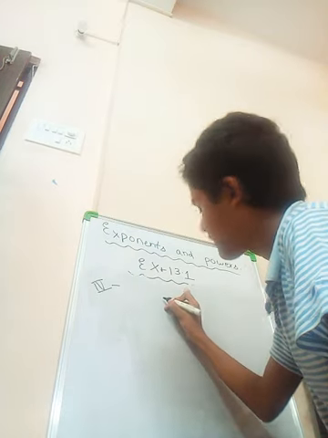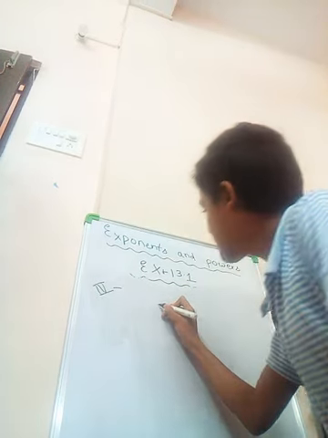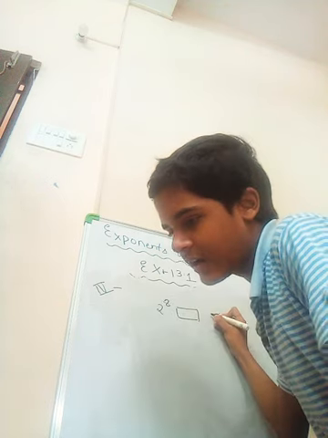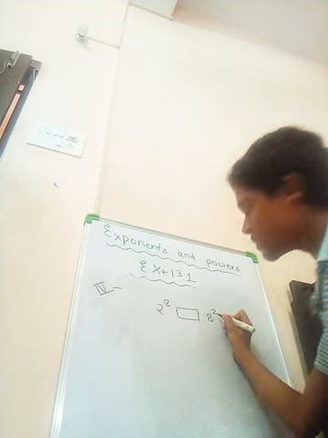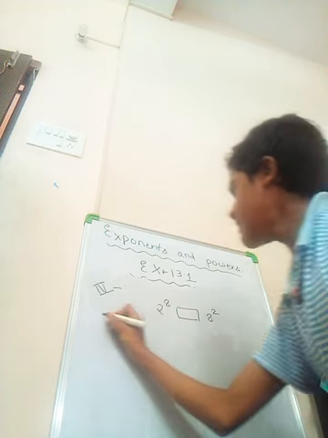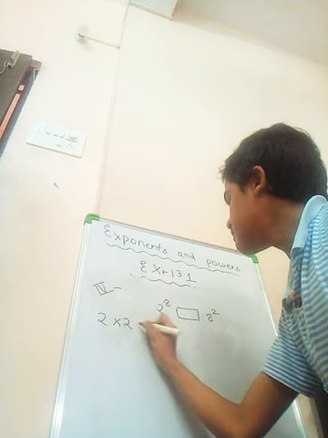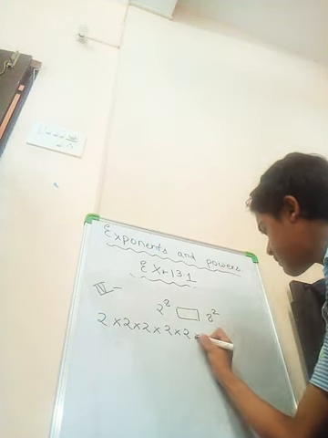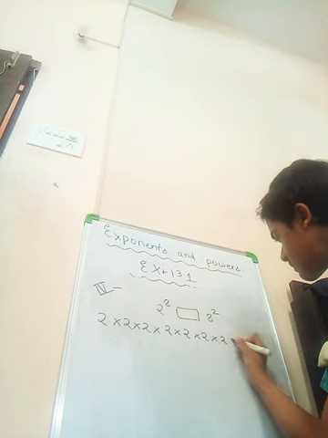So here 2 to the power 8 and 8 to the power 2. So 2 multiplied 8 times: 2 into 2 into 2 into 2 into 2 into 2 into 2 into 2.